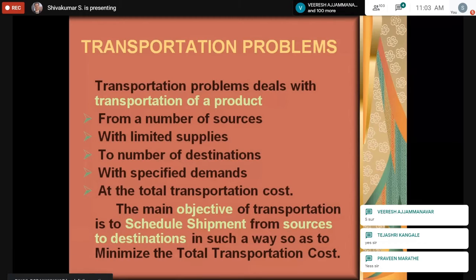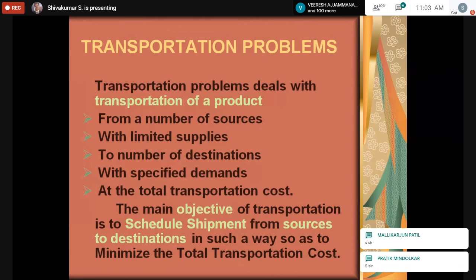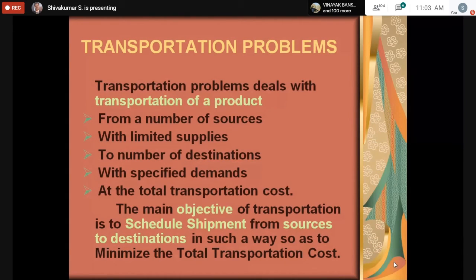Yeah, this is one more area of OR, that is, OR applied to transportation problems. The transportation problem deals with transportation of a product from a number of sources. Like I said, we have some origin and some destination. For example, we have some warehouses and somewhere somebody is going to use the goods, so we are transporting goods from warehouses to showrooms.